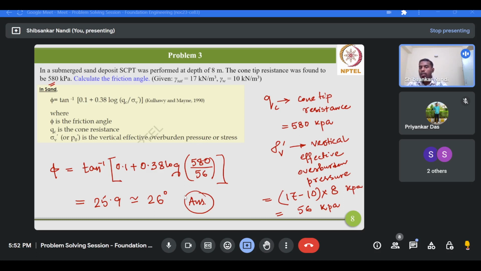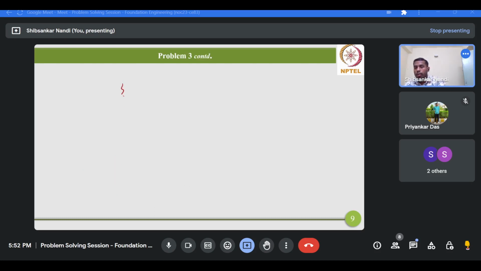So the advantage is that in case of SCPT, we can get the continuous record. Something like this: the cone tip resistance, suppose this is your QC and this is your depth. So we can have the continuous record along the depth. This is for SCPT.